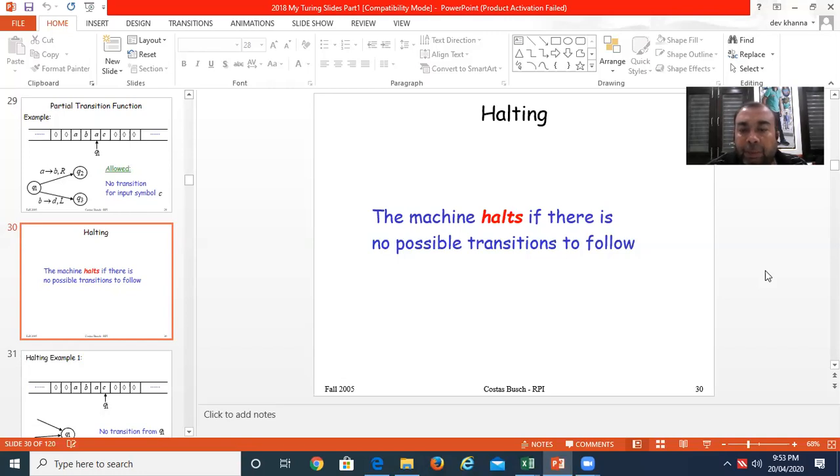So halting means the machine halts if there is no possible transition to follow. This scenario may be intentionally built or unintentionally. In both cases, halting may occur, but we want a halt in the final state after reading the last character of the input tape.